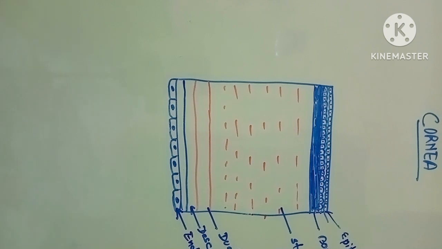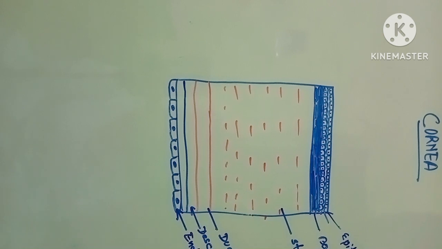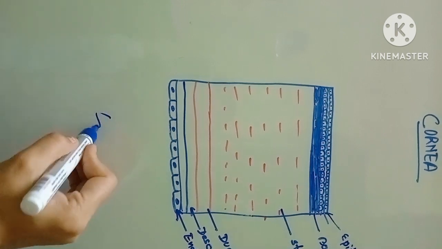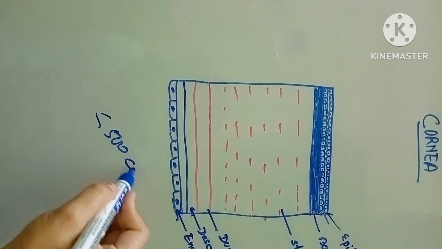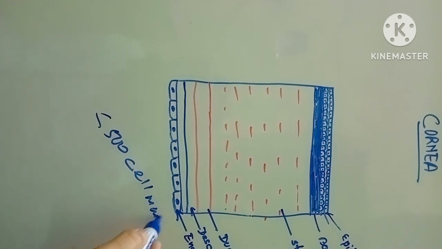Now another thing I am going to discuss: what happens if the endothelial cell count decreases to less than 500 cells per millimeter square.